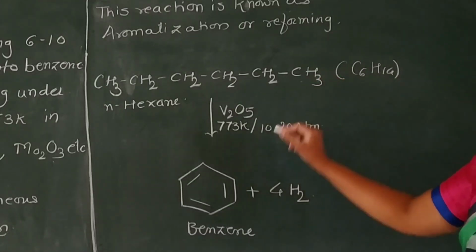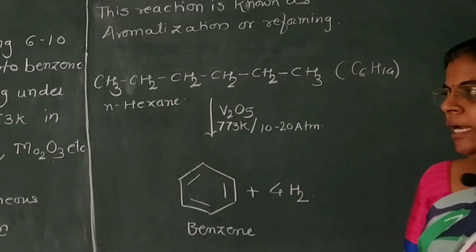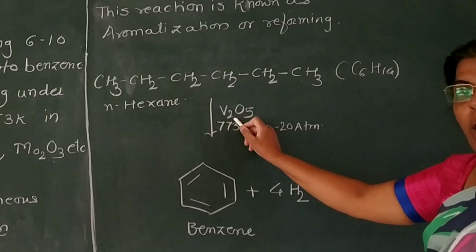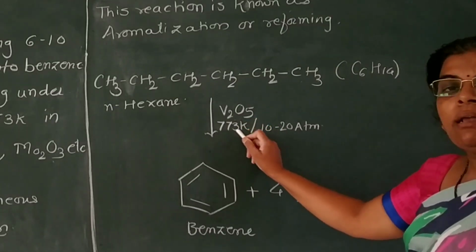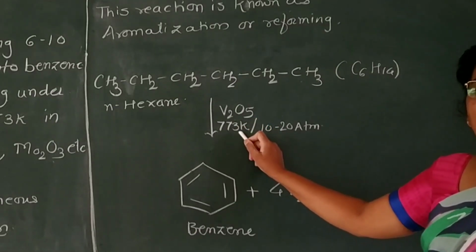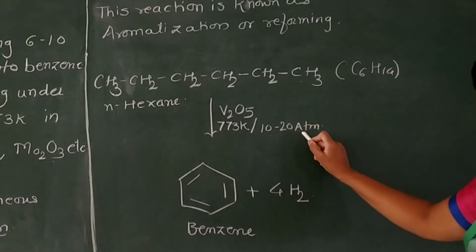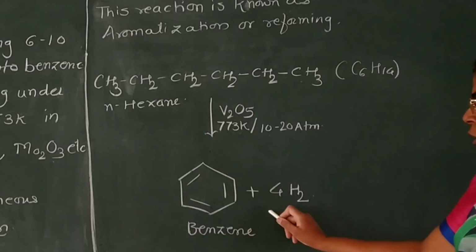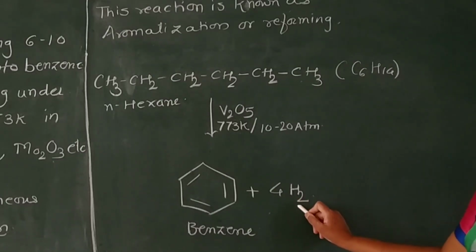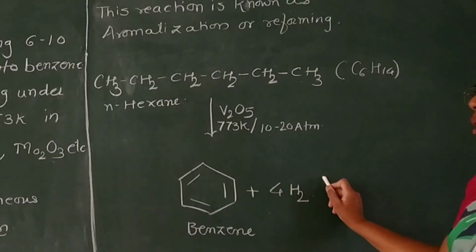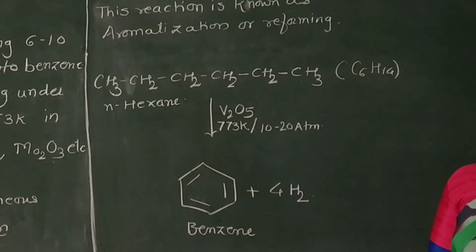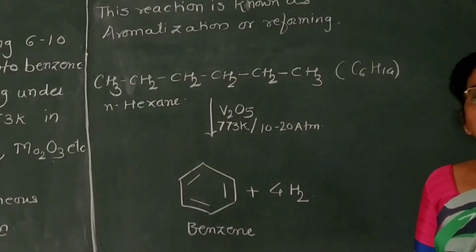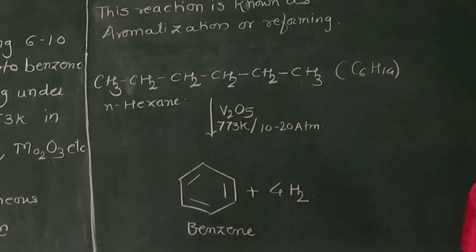When this n-hexane is heated in presence of vanadium pentoxide at 773 Kelvin temperature under 10 to 20 atmospheric pressure, formation of benzene takes place with removal of 4 H2 molecules. This is called reforming or aromatization process. By using this reaction, straight chain alkanes are converted into benzene or naphthalene.